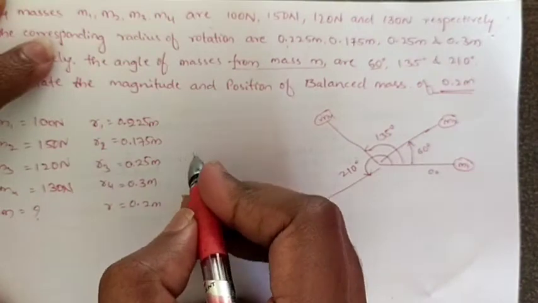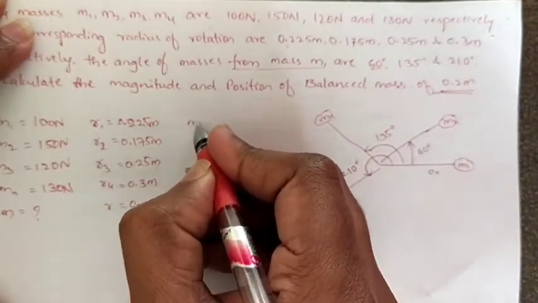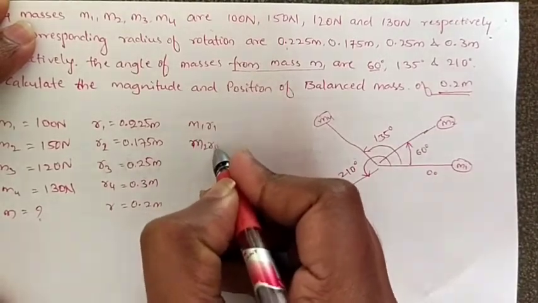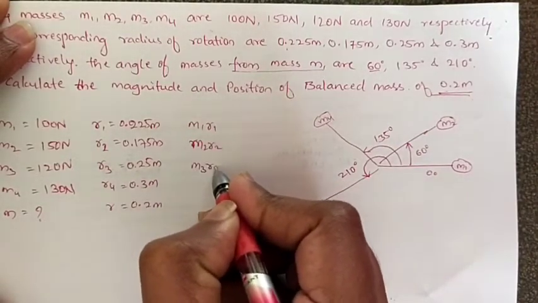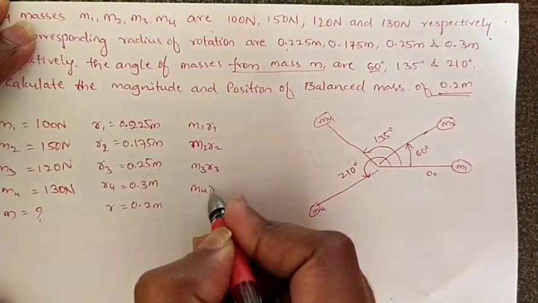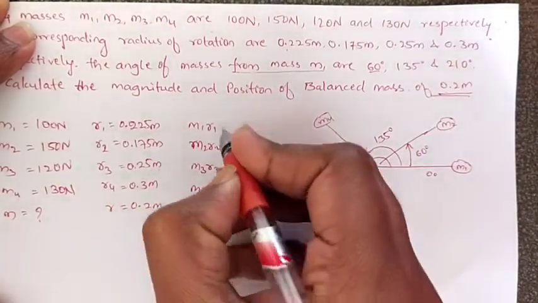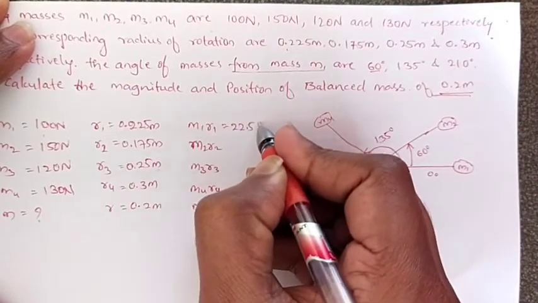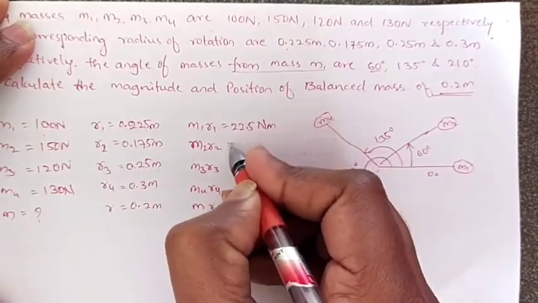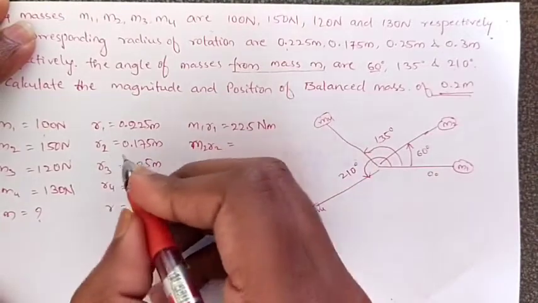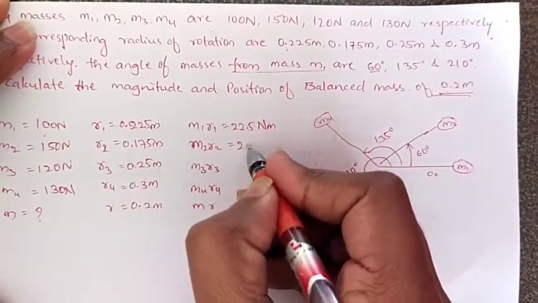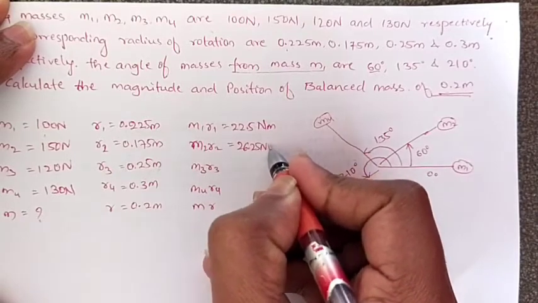So now you just find out M1 into R1, M2 into R2, M3 into R3, M4 into R4 and M into R. So just multiply these two values. You will get 22.5 Newton meter. 150 into 0.175, you will get 26.25 Newton meter.